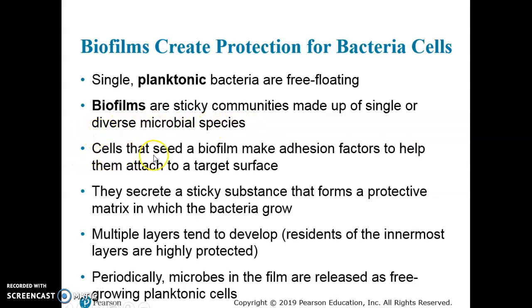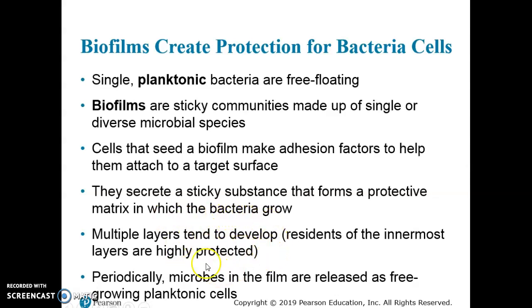And there are cells that seed a biofilm, and they make adhesion factors, which helps the process start of being able to create this layer of bacteria. Those cells that are going to be there initially secrete a material that helps to protect the bacteria and allow them to grow.